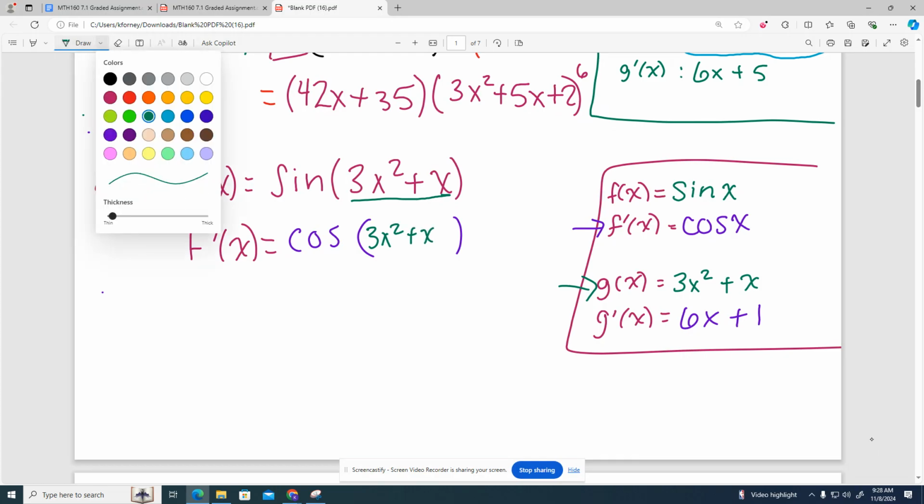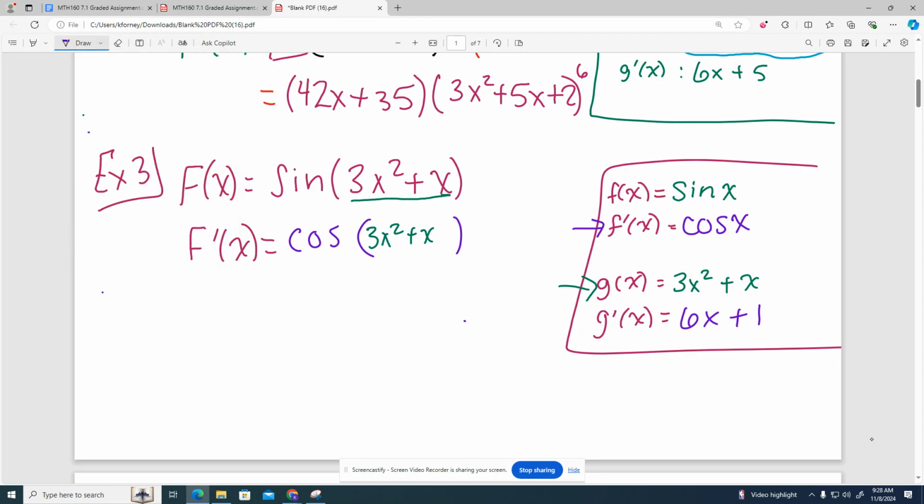And then you multiply it by the derivative of g, or of the inside. And you could leave it like that. Another way you could write it, I mean, there's not a lot of ways you can write it.